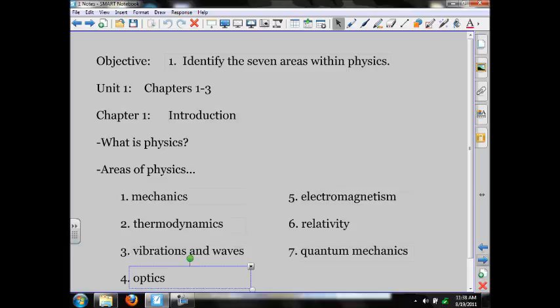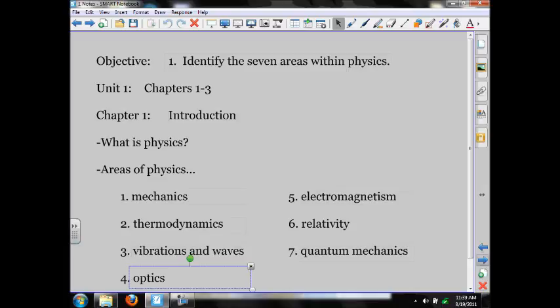Einstein's theory on relativity. When things are moving very, very fast, approaching the speed of light, a lot of their properties change. So it is the study of objects moving close to the speed of light. And then atomic and nuclear physics is quantum mechanics. When things are very, very, very small, again, they behave differently than they do on a macro level.